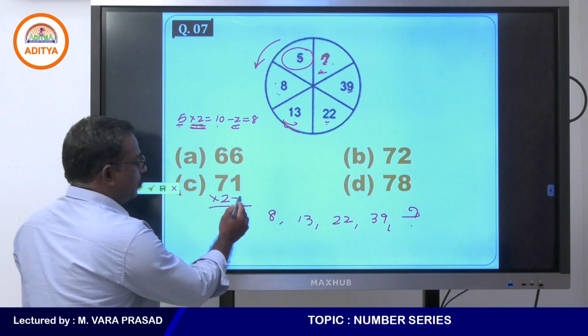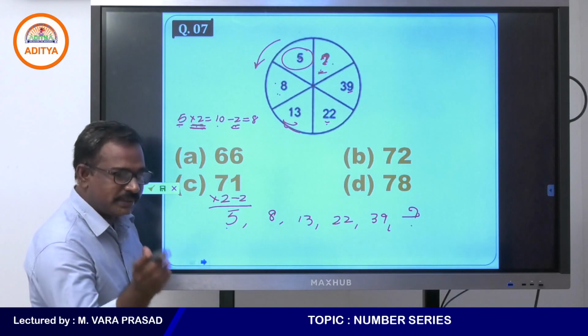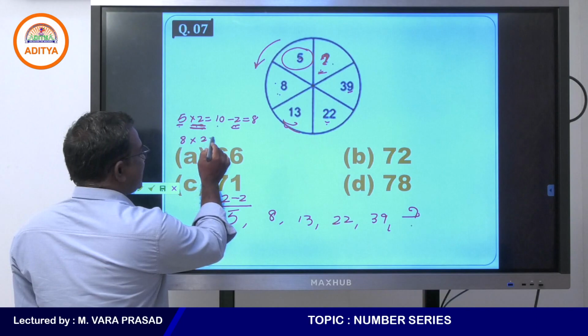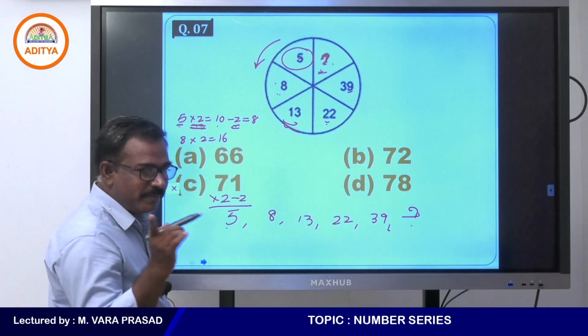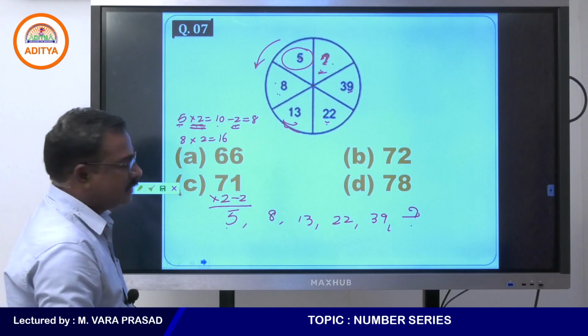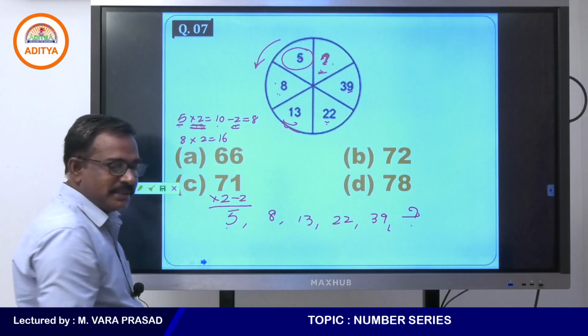Now, into 2 minus 2, is the same process being followed or not? 8 into 2 is 16, and the same number you need to subtract, but into 2 minus 2 is not coming.